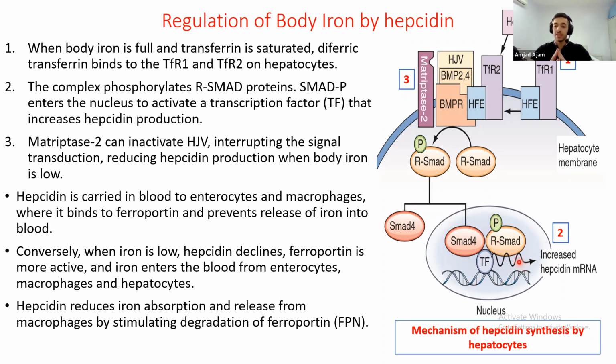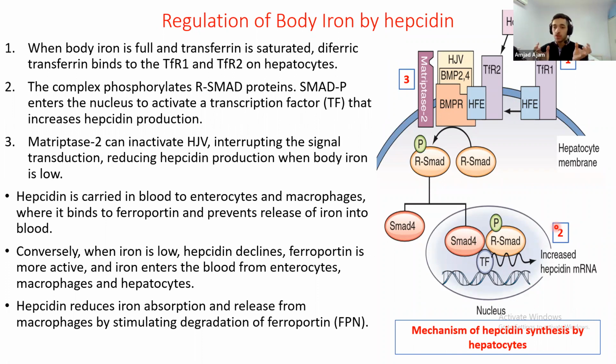So now we can have increased hepcidin mRNA and therefore increased hepcidin production. And this is how hepcidin is produced in the liver cells, in the hepatocytes.